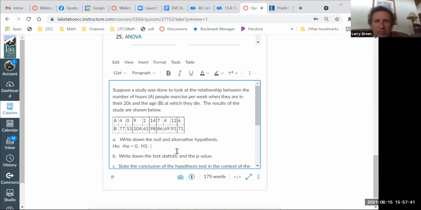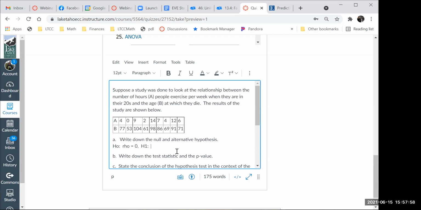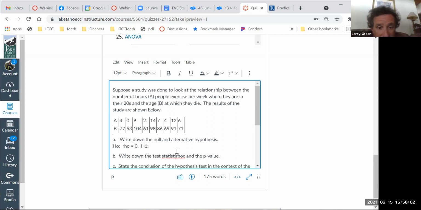Okay, what is H1? That rho is not equal to 0. Yeah, rho, whoops, I have the cursor in the wrong spot, there we go.